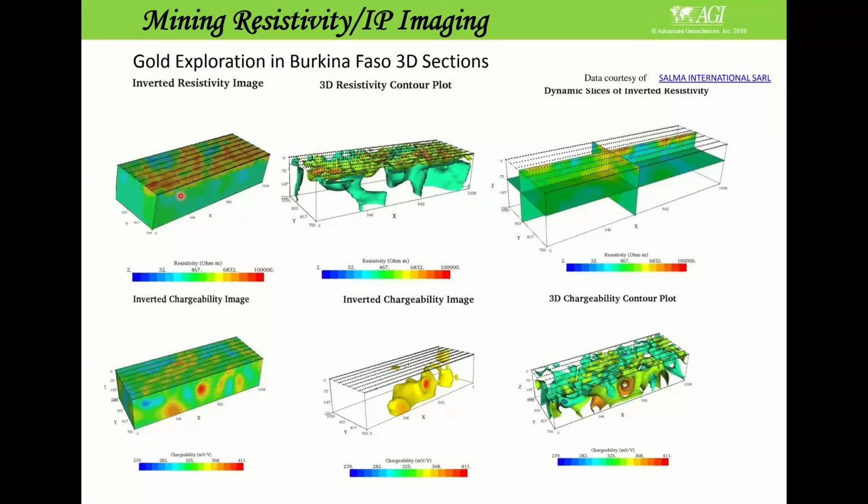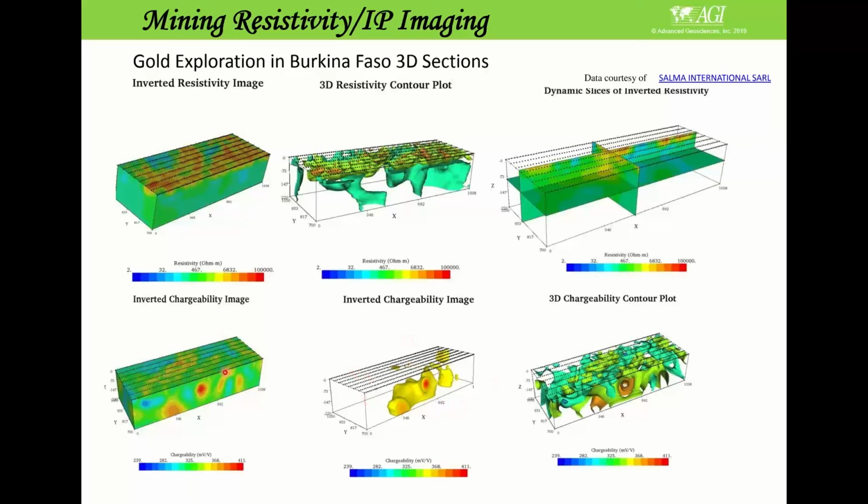This is not the case, but this is just 1 kilometer by, I think, about 300 to 400 meters wide, a 3D area. The upper figure shows the resistivities, and the bottom shows the chargeabilities.